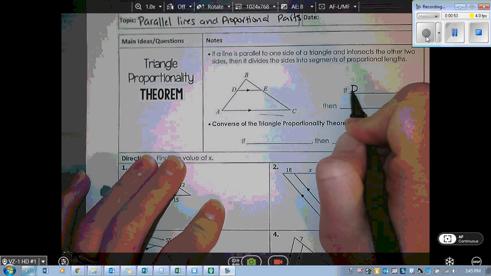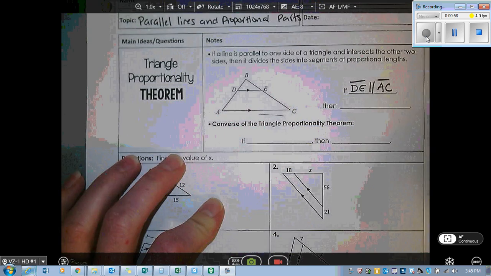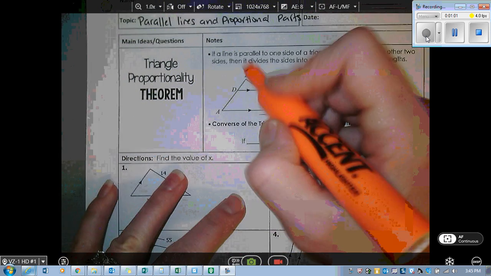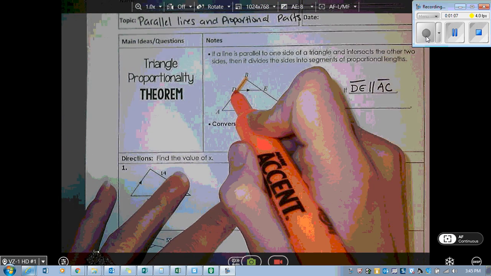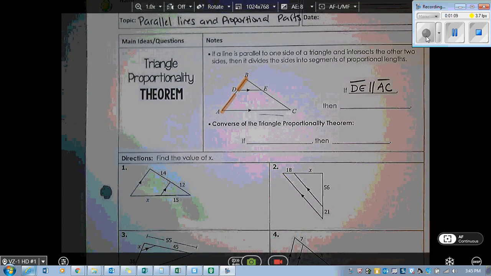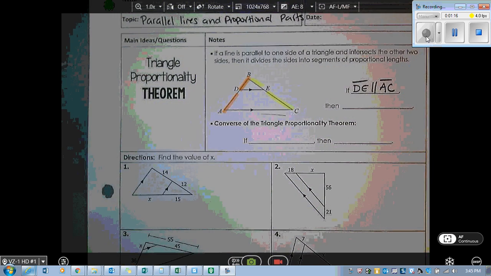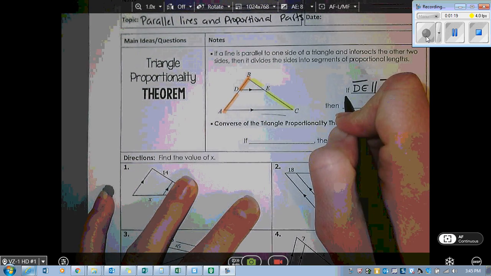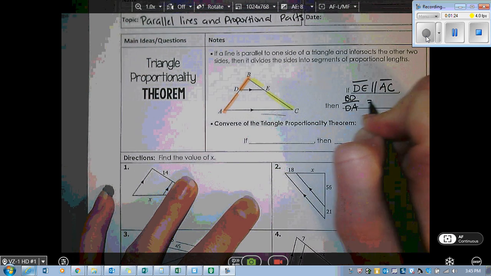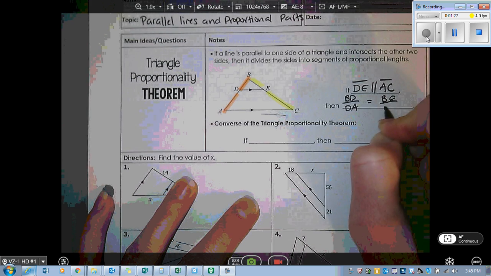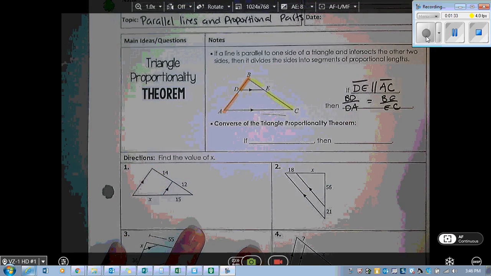So if DE is parallel to AC, then BD is proportional to DA, and BE is proportional to EC. So these two ratios are proportional to one another.